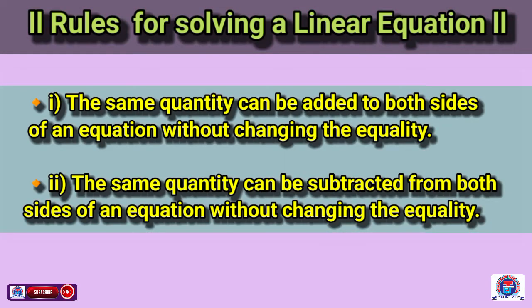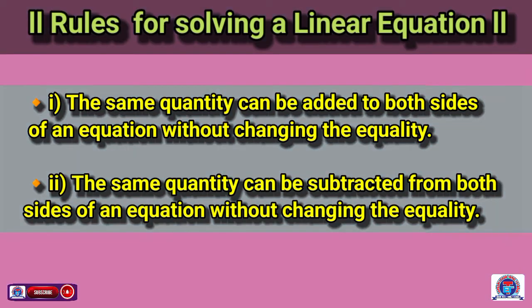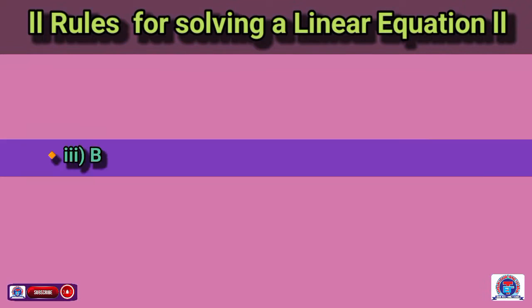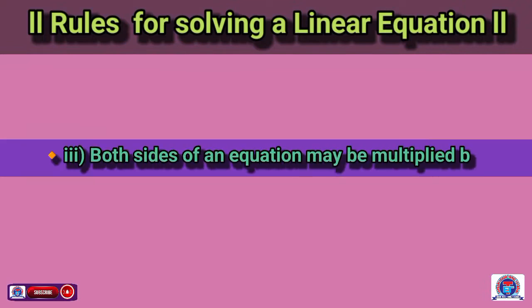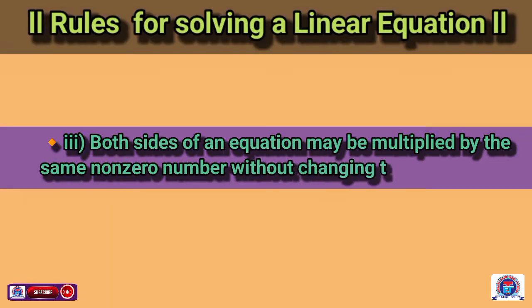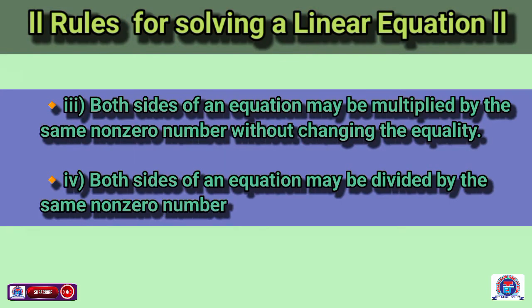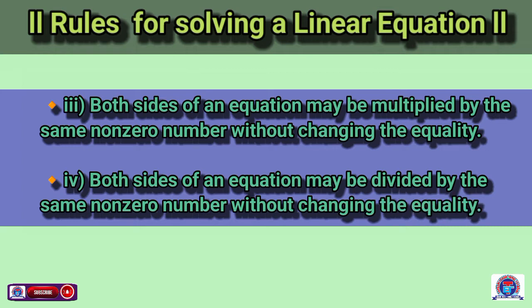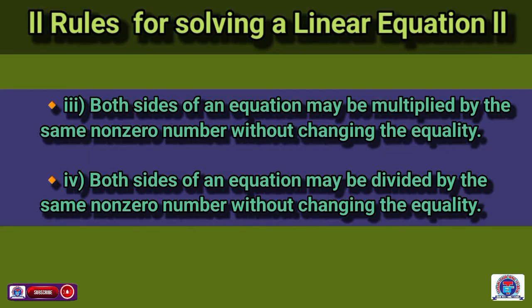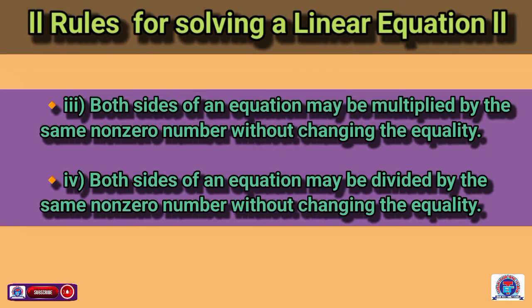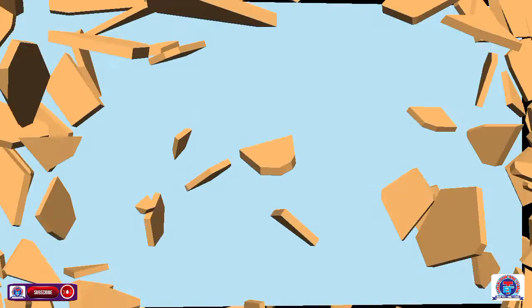Number 2, the same quantity can be subtracted from both sides of an equation without changing the equality. Number 3, both sides of an equation may be multiplied by the same non-zero number without changing the equality. Number 4, both sides of an equation may be divided by the same non-zero number without changing the equality. Correct.